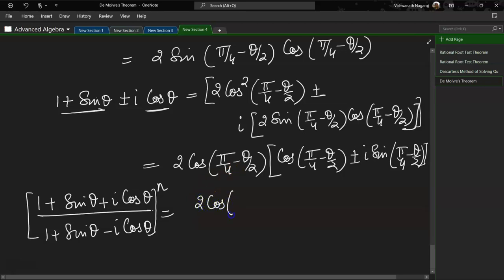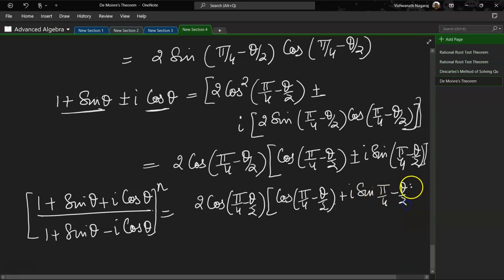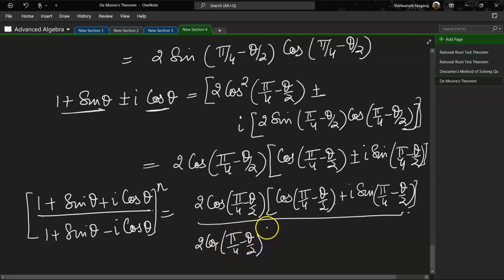So 2 cos (pi by 4 minus theta by 2) times (cos (pi by 4 minus theta by 2) plus I sin (pi by 4 minus theta by 2)), divided by 2 cos (pi by 4 minus theta by 2) times (cos (pi by 4 minus theta by 2) minus I sin (pi by 4 minus theta by 2)), and this whole thing is to the power of n.